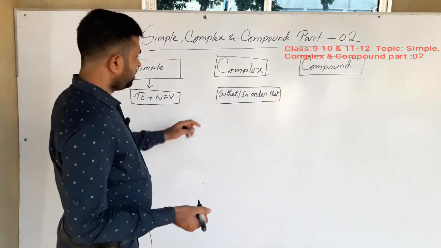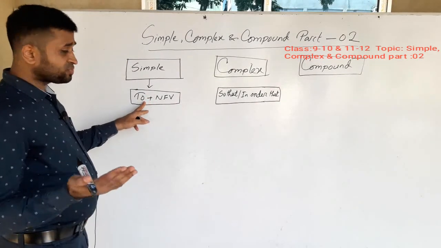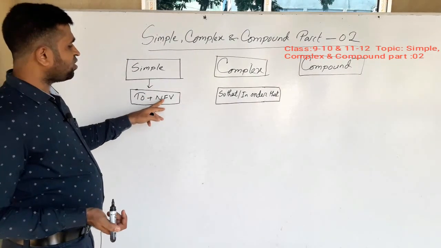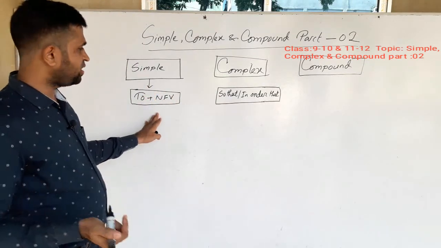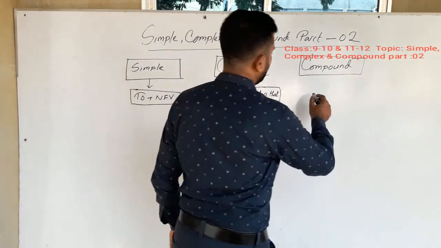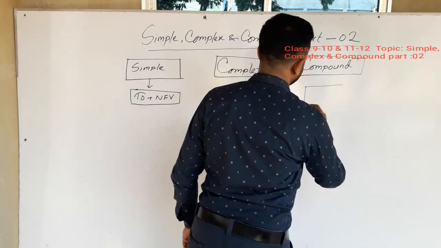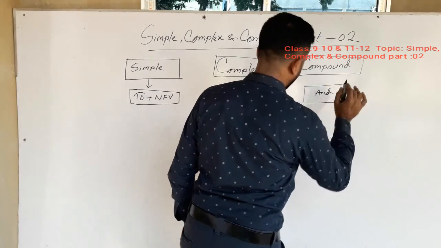Okay, dear, listen. Simple: if we can see to plus non-finite verb, we can say that this is a simple sentence. And complex sentence, so that or in order that. And compound sentence, we can use and.